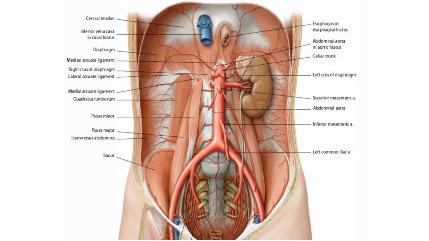Then this is the medial arcuate ligament, just overlying the psoas major, and this is the lateral arcuate ligament, just overlying the quadratus lumborum. And these are the three aponeurotic arches: lateral, medial, and median.